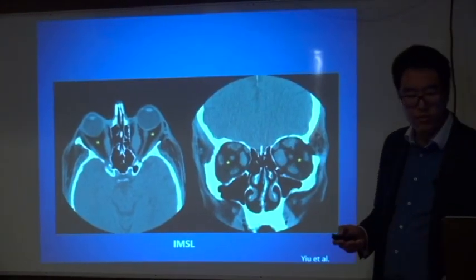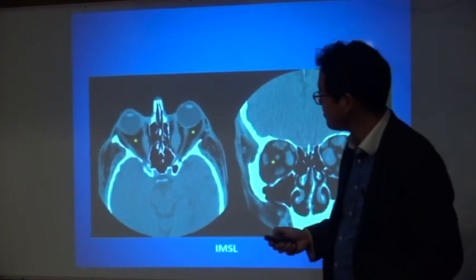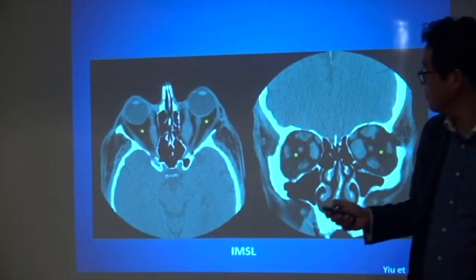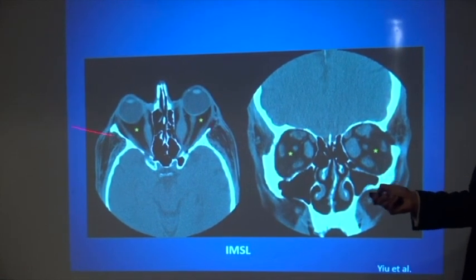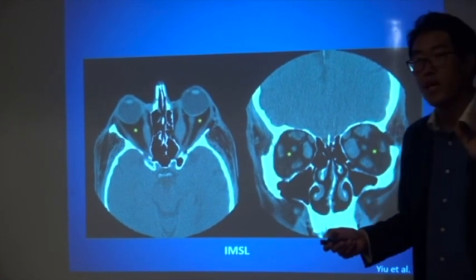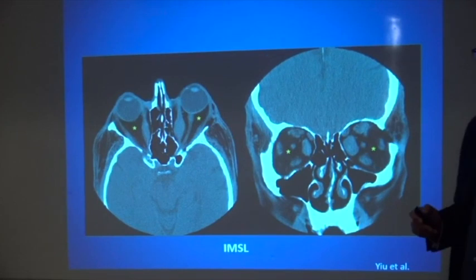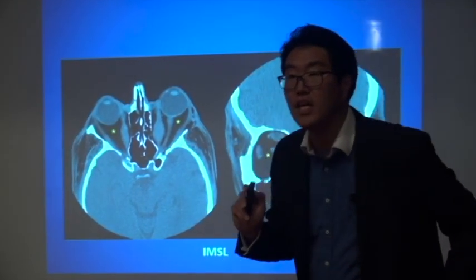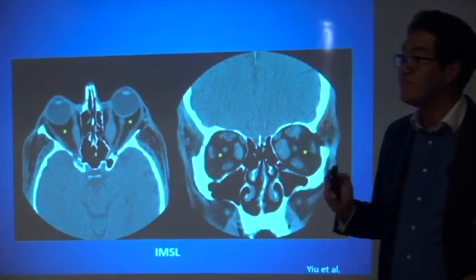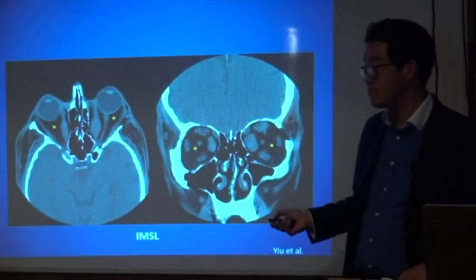So what is the diagnosis here? Thyroid eye disease. And which muscles are affected first? Inferior. And then? And then?